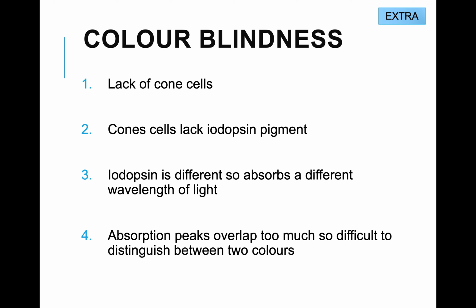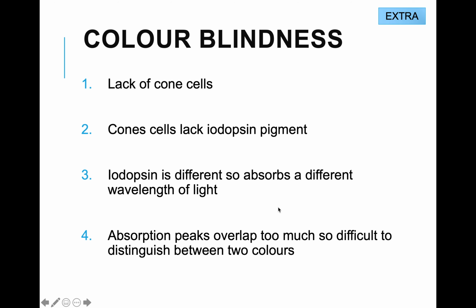cones which lack the particular iodopsin pigment, or iodopsins which are different and therefore absorb a different wavelength of light. Iodopsin is part protein, the opsin part is a protein, and part retinal, which is a derivative of vitamin A. If that protein has a slightly different tertiary structure, it may absorb a slightly different wavelength of light.